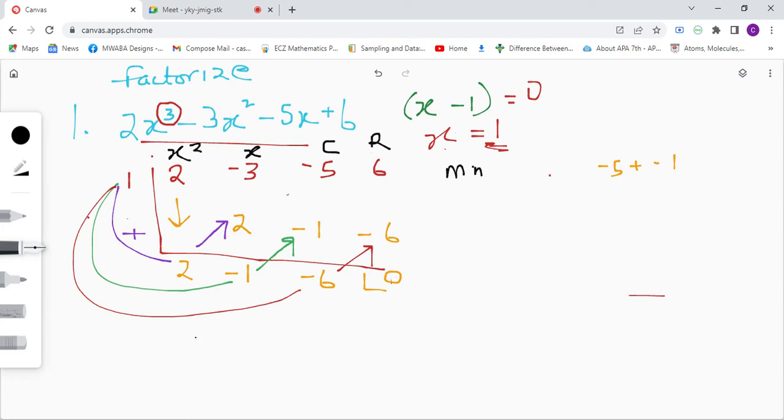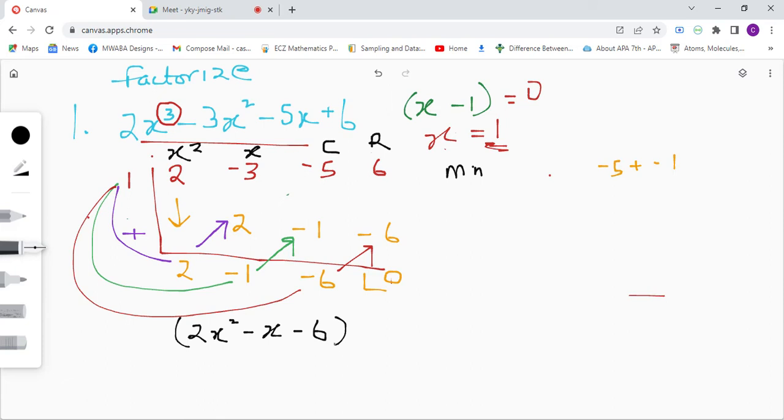So our new factor is 2x squared minus x minus 6.